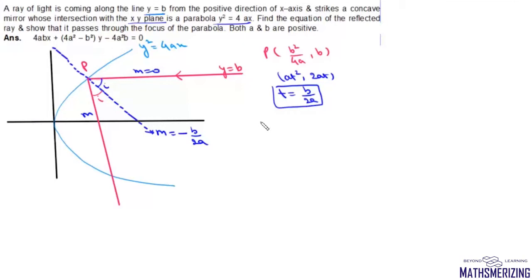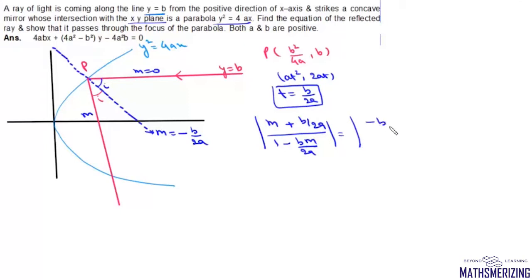So we can write, with m as the slope, tan theta equals (m2 minus m1) upon (1 plus m1 m2). So it will be minus b upon 2a minus m upon 1 plus, and equal to (m2 minus m1) upon (1 plus m1 m2).